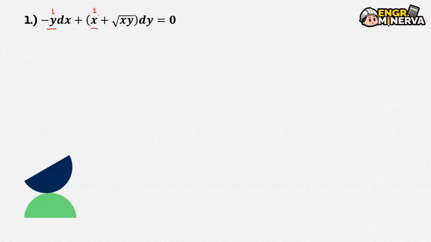This term has two variables with 1 and 1, so cumulatively they have 2 as their degree. Since we have a square root, the degree of the whole term is 1. So this is a homogeneous differential equation.